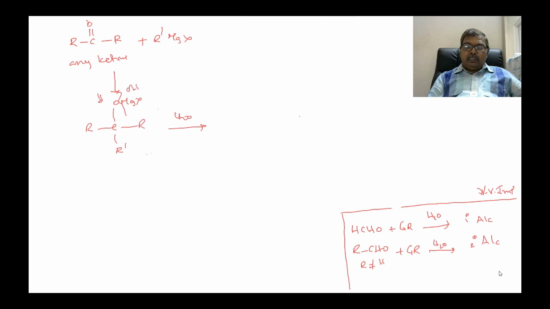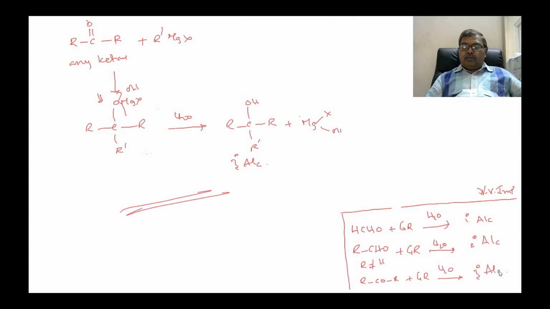Add hydrogen here, OH here: RCR dash OH plus MgXOH. So this is a tertiary alcohol. So any ketone, on addition of Grignard reagent and followed by hydrolysis, yields a tertiary alcohol. This reaction is very important, and again I will discuss the same reaction once again with examples in the next class. Very important.